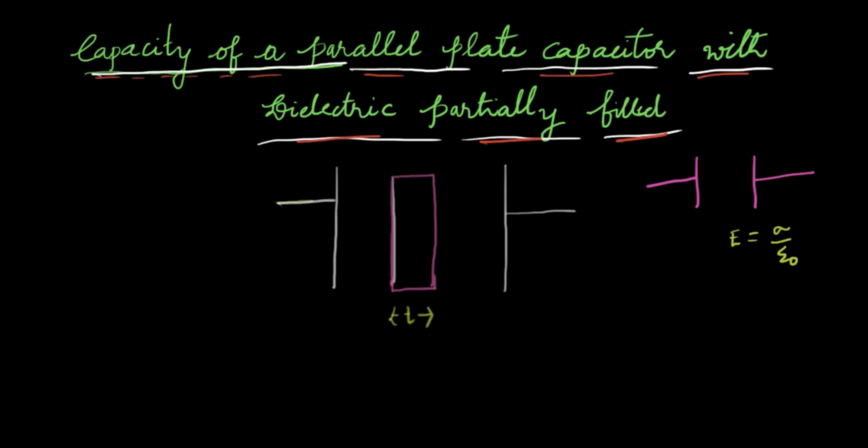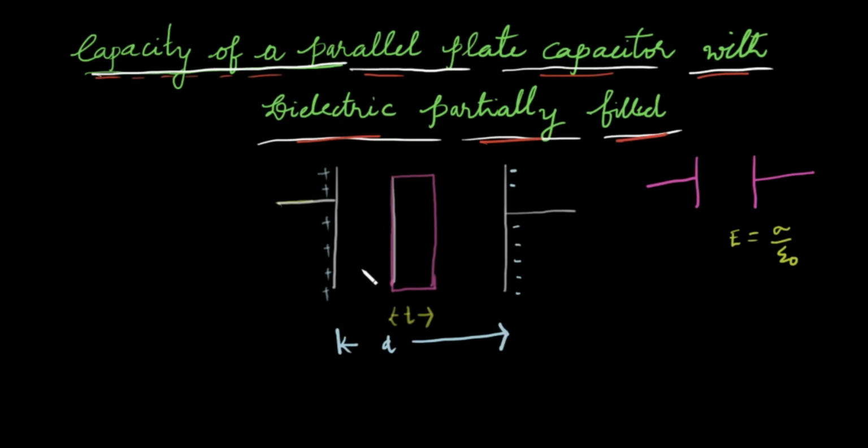Now this plate has a positive charge, and this has a negative charge, right? Now the total distance between these two plates is D.